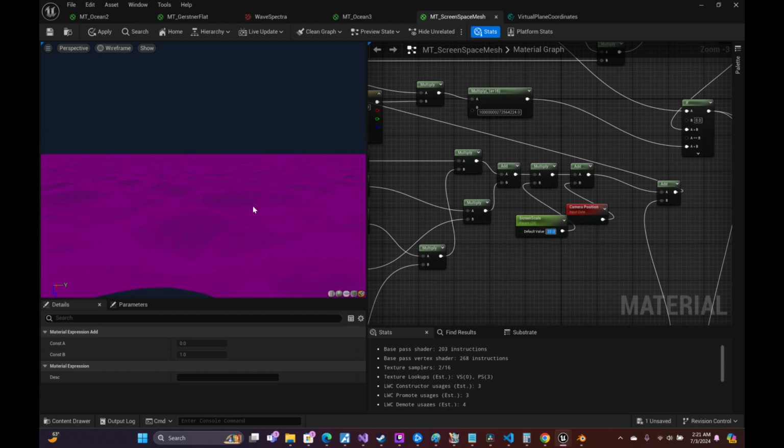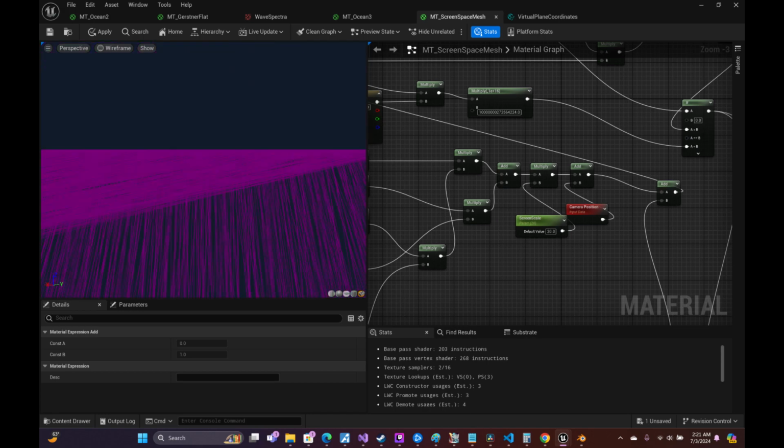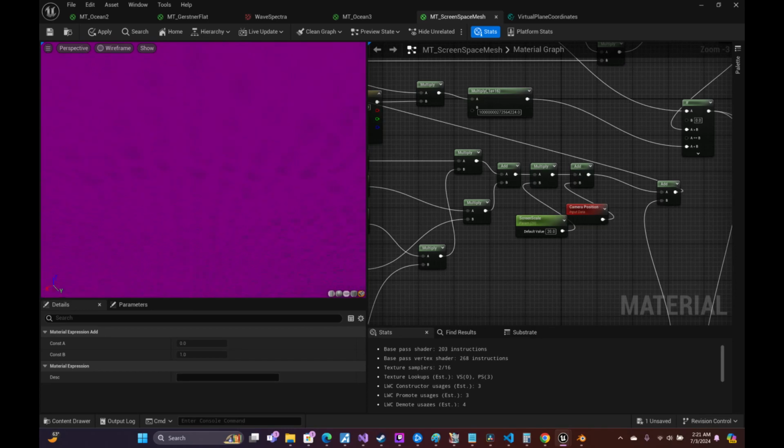It has to be scaled a little bit bigger than the screen. And we have to figure out why it messes up here.